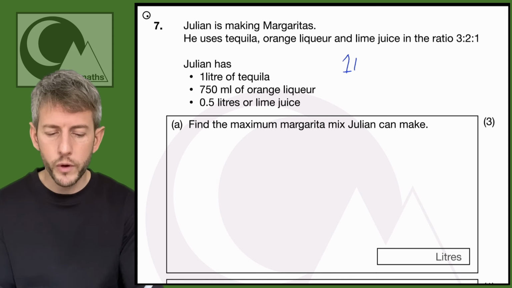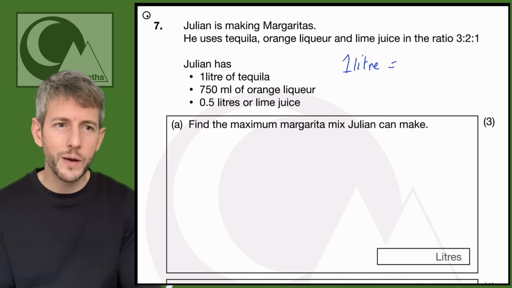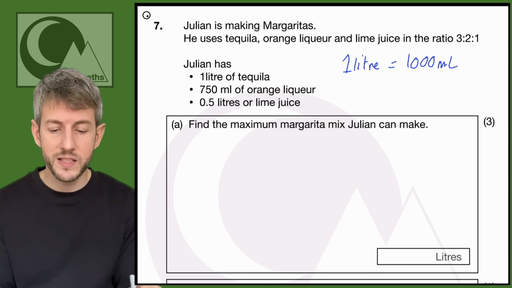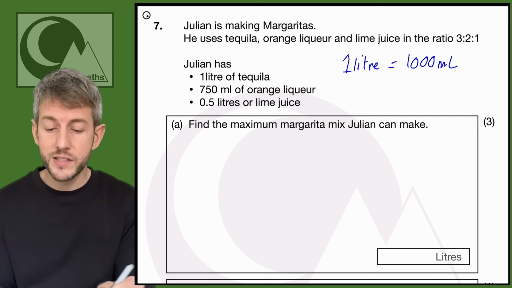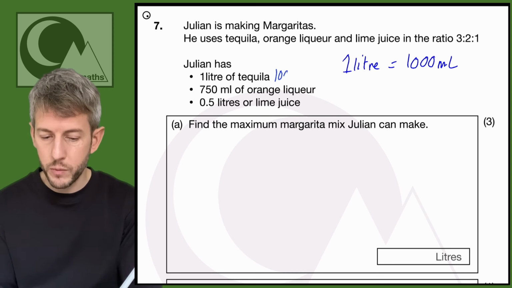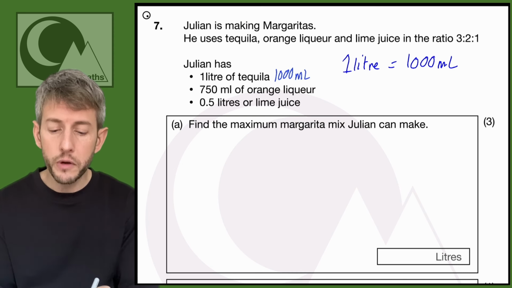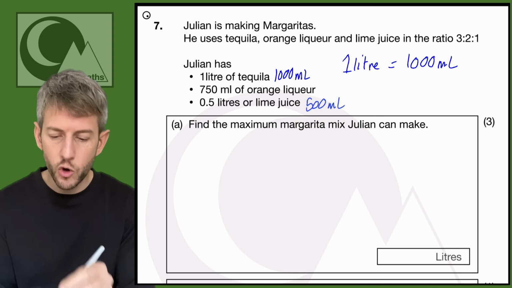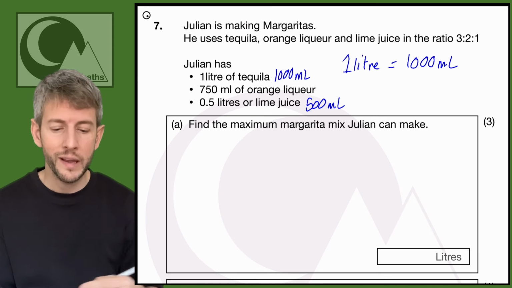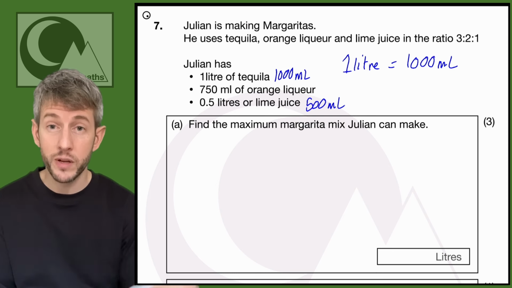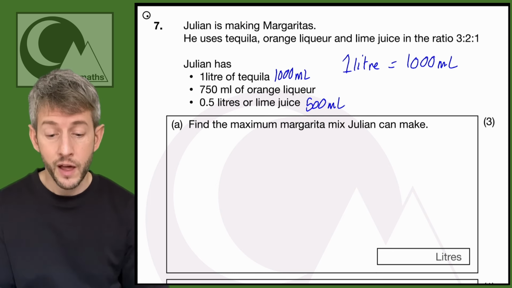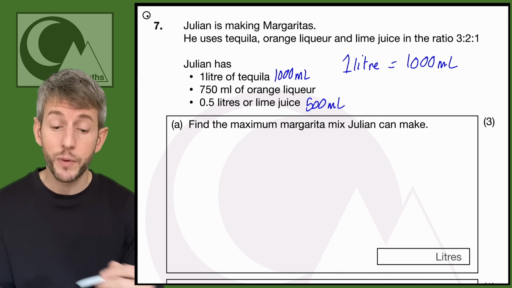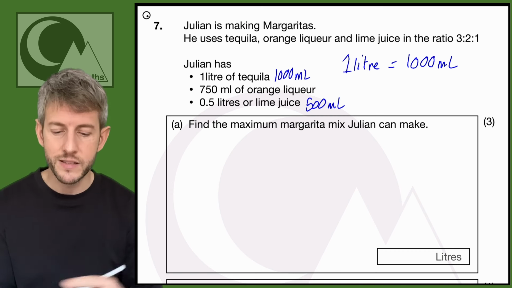I know that 1 litre equals 1000 millilitres, so 1 litre of tequila is 1000 millilitres, and 0.5 litres is 500 millilitres because 0.5 is half of the whole. So 1000 millilitres divided by 2 is 500 millilitres.